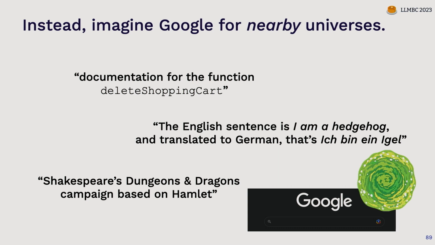Even though there's maybe no document on the internet that is Shakespeare's Dungeons and Dragons — I mean, there probably is now, generated by an LLM, but maybe at the time these models were trained there wasn't — it's similar enough to documents it would have seen about Shakespeare or Dungeons and Dragons or Hamlet that it can combine those concepts and produce something that looks like a document that would have existed if someone had taken the time to write it.